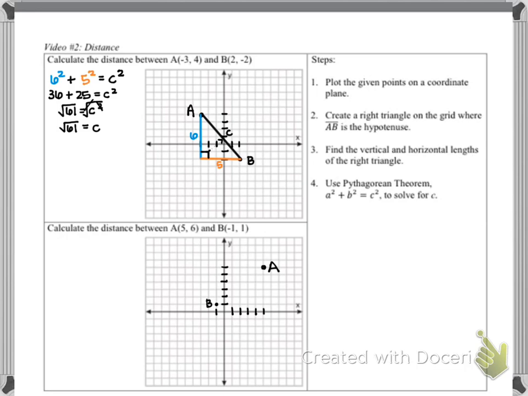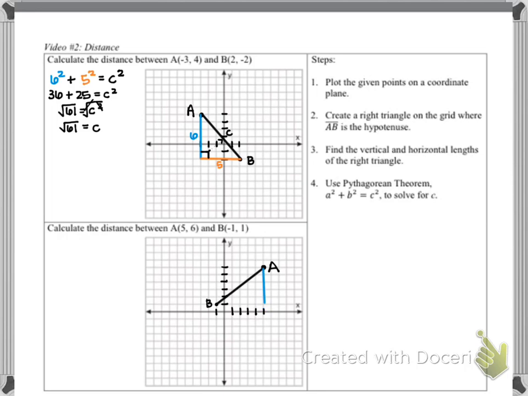Then I would connect those two dots. Notice that it's not vertical, so I can't just count the boxes. Now you can draw in the length and the height of this triangle, using the fact that I can count vertically and horizontally, which is kind of nice.